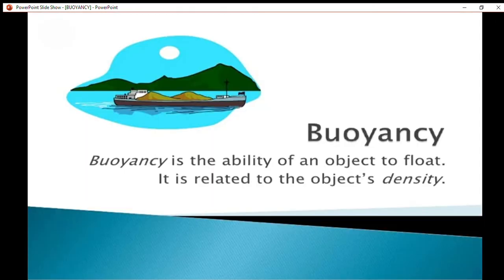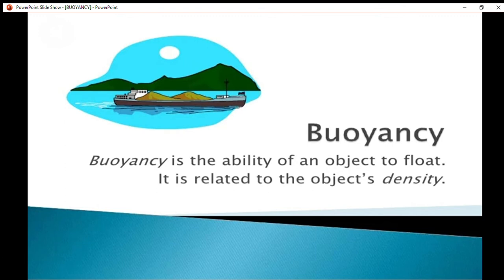Now let's see what is buoyancy. The property of liquid to exert an upward force on an object immersed in it is called buoyancy. That is, buoyancy is the ability of an object to float. There are several factors that buoyancy depends on.